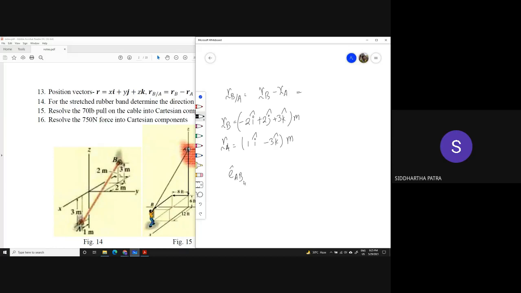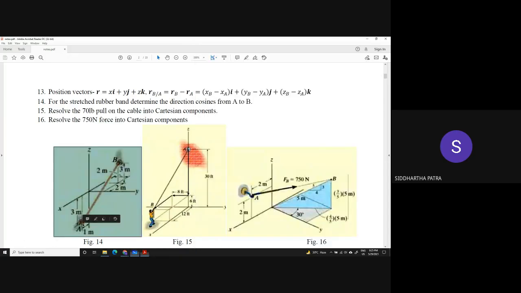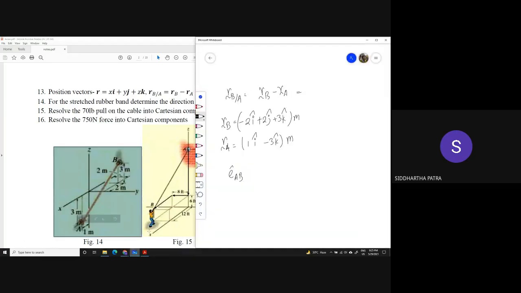You are going from A to B, which basically means it is RBA, the position vector of B with respect to A, and then divide it by its own magnitude. So minus 3/7 I cap, 2/7 J cap, and 6/7 K cap.